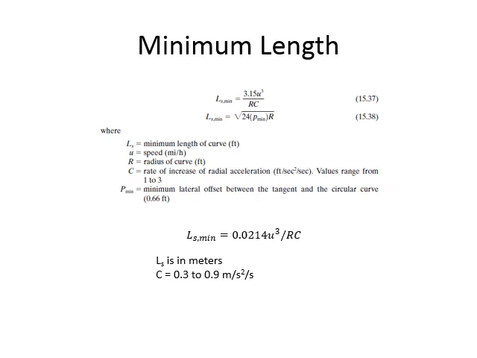But because you put a spiral curve at the starting point, we have created an offset, a distance between the start of the circular curve and the tangent. So that distance is called p minimum, the lateral offset, and its value is usually 0.66 feet.